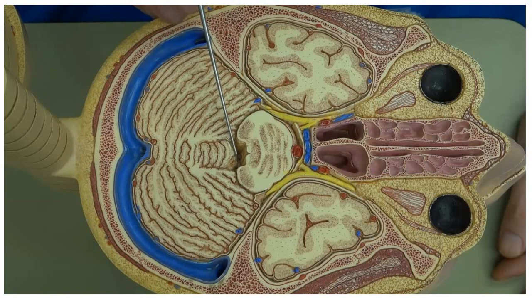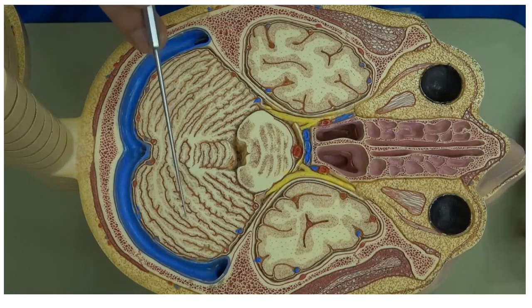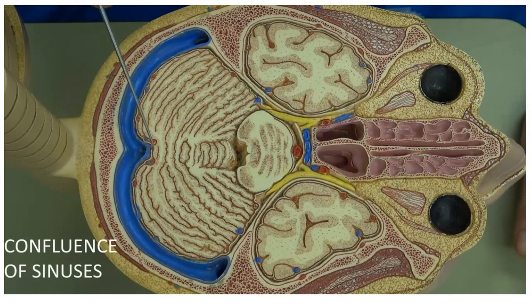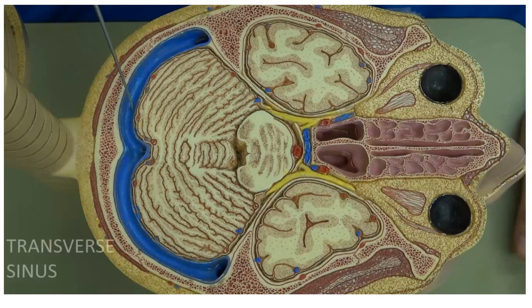The roof of the fourth ventricle is made from the cerebellar hemispheres and the vermis of cerebellum. On this section we can also see the confluence of the sinuses and transverse sinuses.